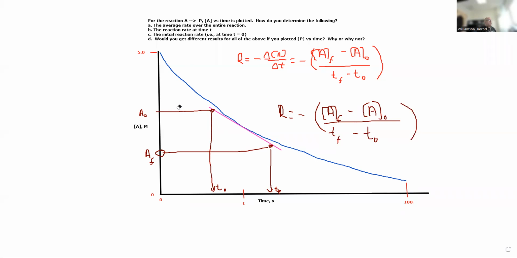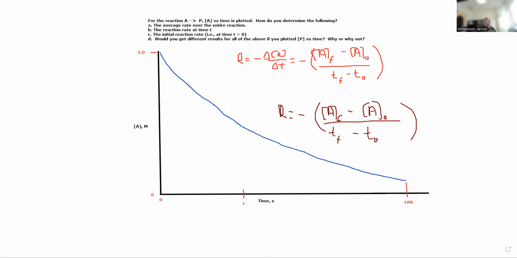Let's see now if I can erase this stuff successfully. Okay. Well, how do you get the initial rate? Okay, do the exact same thing to get the initial rate, right?